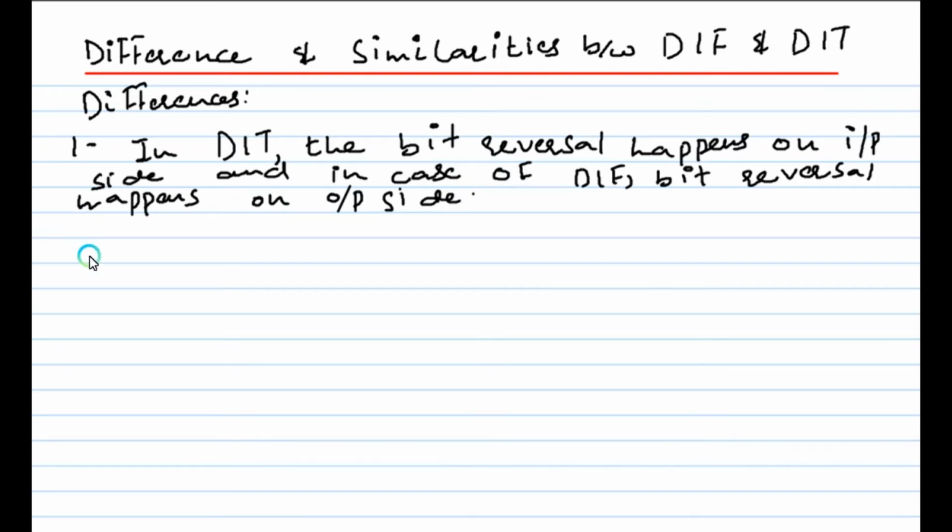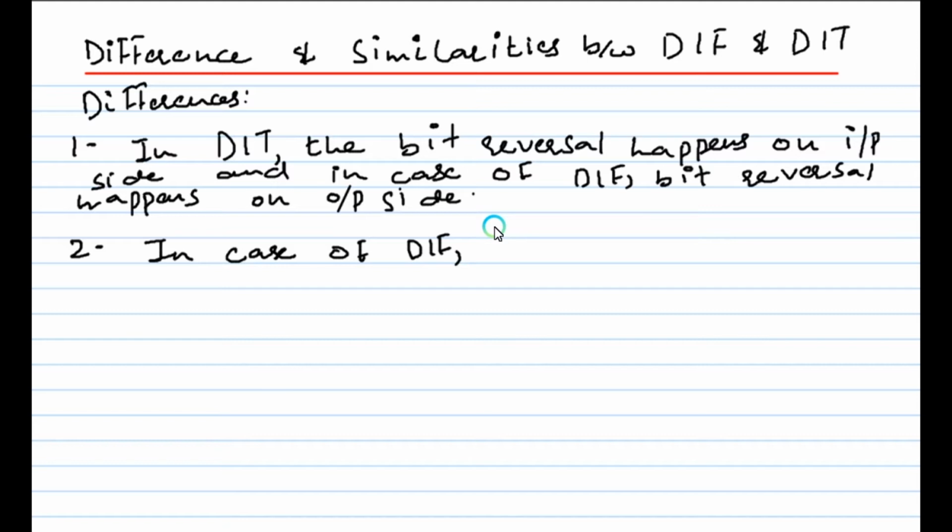Now if you remember, FFT algorithms are based on butterfly diagrams. So in case of DIF, the multiplication by the twiddle factor is done after we have done either the addition or subtraction.